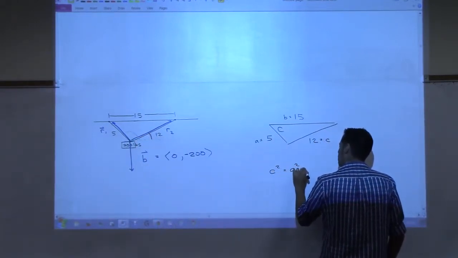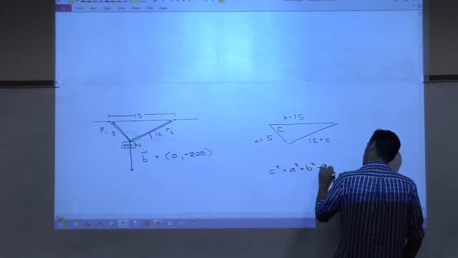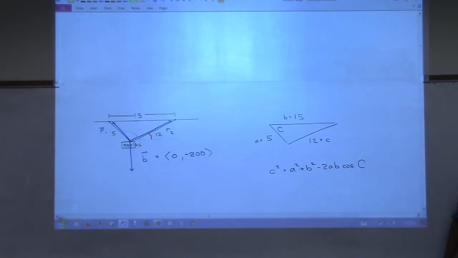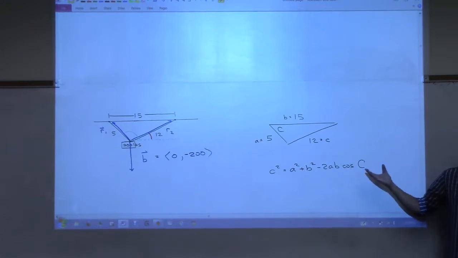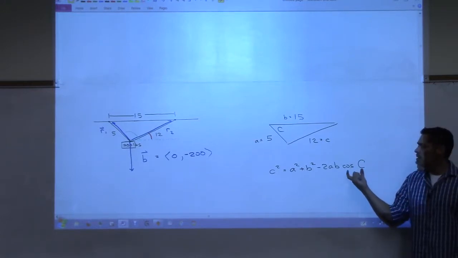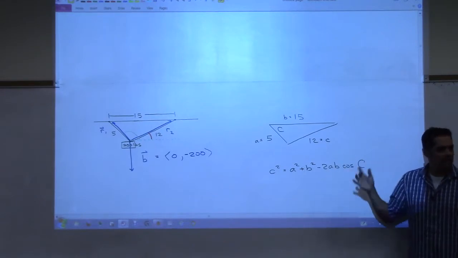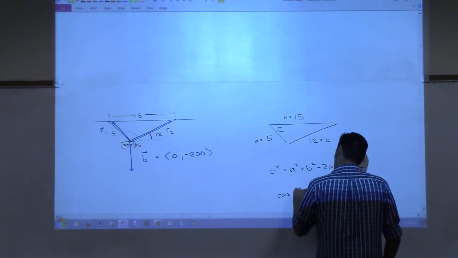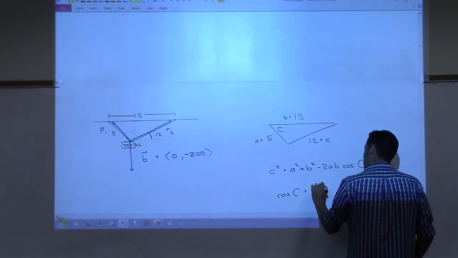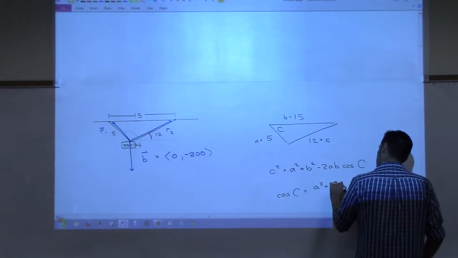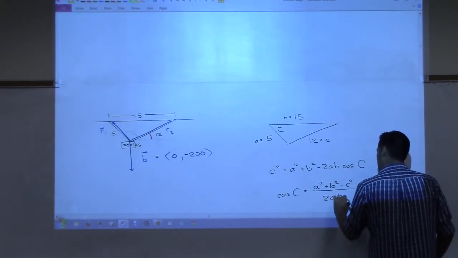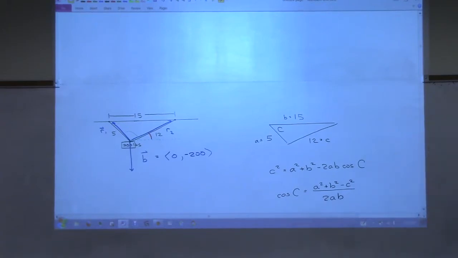Here's the original law of cosines: c squared equals a squared plus b squared minus 2ab cosine C. We can solve it for cosine C. So we move things around and solve, and it comes out to be cosine C equals a squared plus b squared minus c squared all over 2ab.